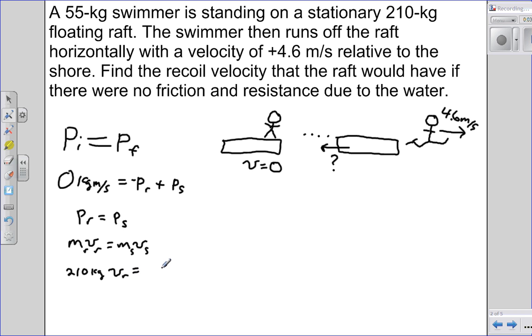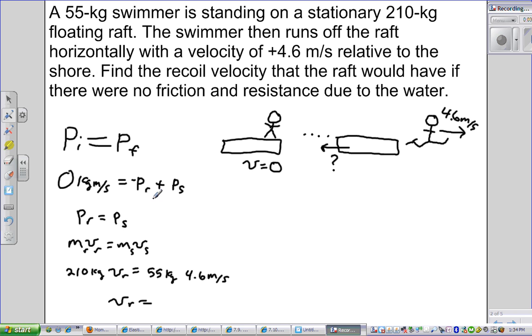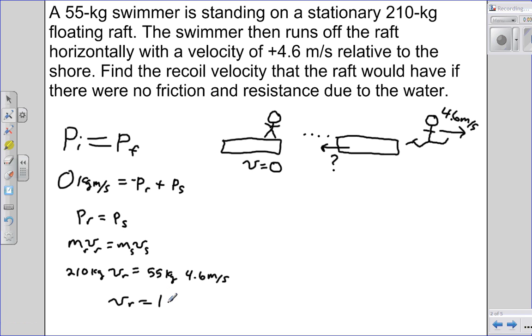The mass of the swimmer is 55 kilograms. The velocity of the swimmer is 4.6 meters per second. Now we go ahead and solve for the velocity of the raft. We end up with an answer of 1.2 meters per second.